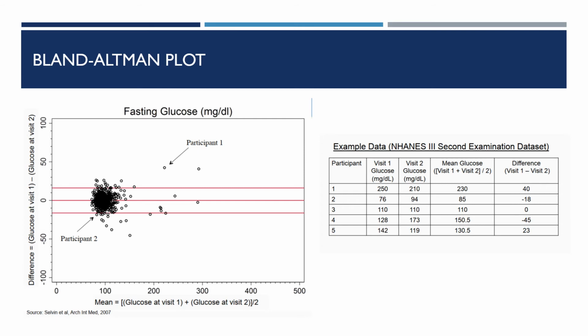The limit of agreement is calculated by the mean difference plus and minus two standard deviations, and the closer the dot to the yellow line, the higher the validity or reliability of the test.